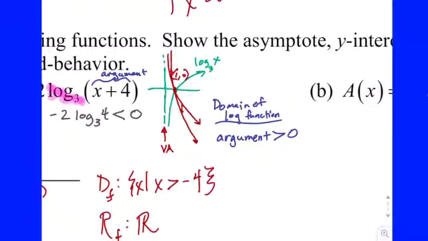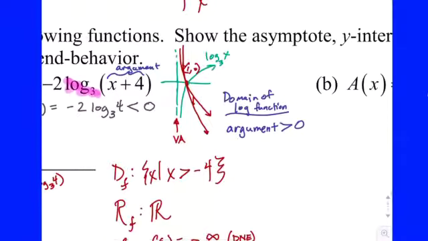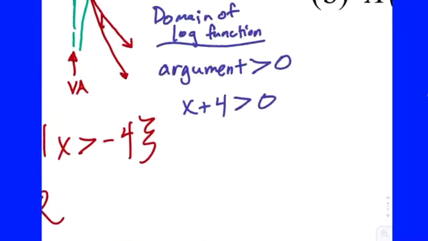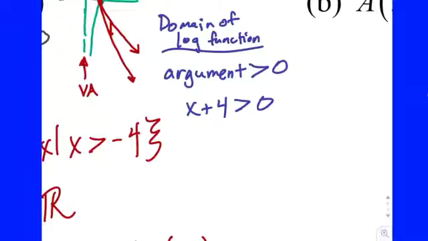Remember, for square roots, we said greater than or equal to 0. You can take the square root of 0. Can't take the log of 0, though, right? So if we set up our argument, we say it's strictly greater than 0, let's see if that works. I got x plus 4. I say it's greater than 0. Can I solve that one algebraically? Yeah, the only types of inequalities we can solve algebraically are linear. That one's linear.